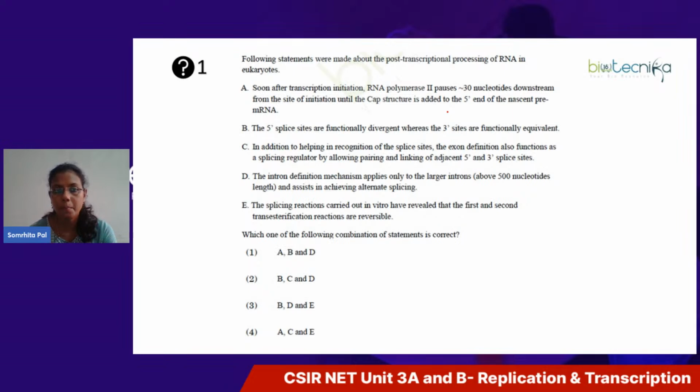Statement B: the 5' splice sites are functionally divergent, whereas the 3' splice sites are functionally equivalent. Statement C: in addition to helping in recognition of the splice sites, the exon definition also functions as a splicing regulator by allowing pairing and linking of adjacent 5' and 3' splice sites.